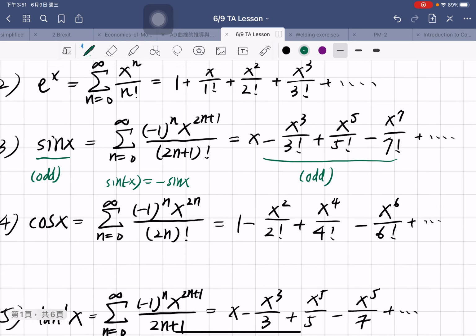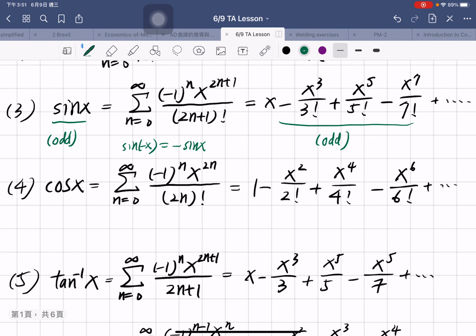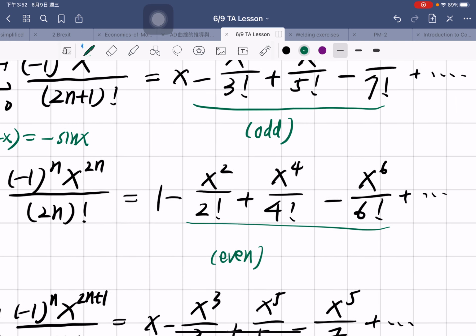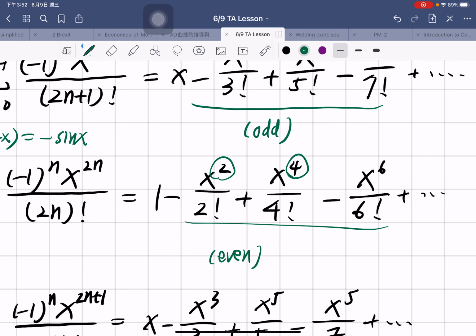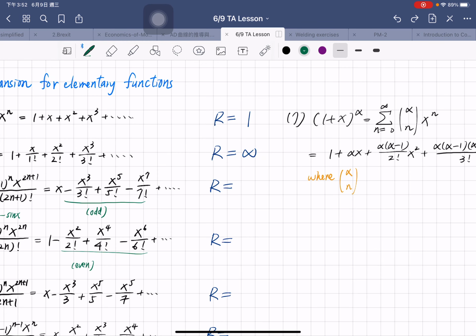The fourth will be cosine. Similarly, cosine is an even function, so its expansion will also be even, because you see a square, a 4th power, a 6th power. Both radii of convergence are infinity in this situation.